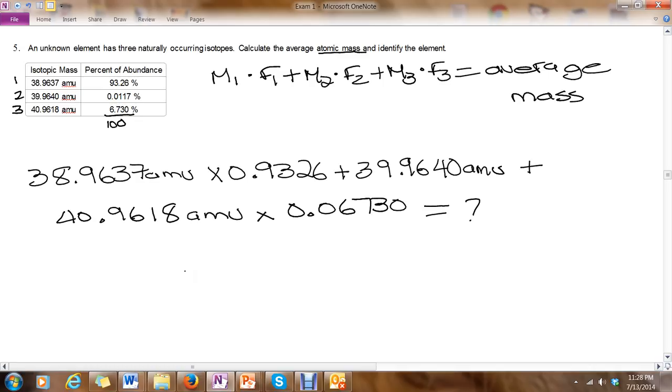So let's do our calculations, right? And I'll give you directly the average atomic mass. Maybe the calculator is from a different planet.